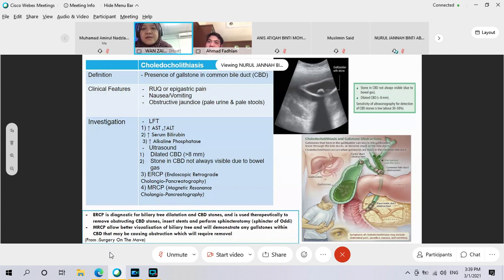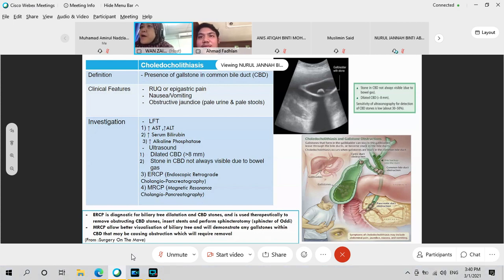Okay, satu lagi dia cakap situ, CBD stone not always visible due to bowel gas. Kenapa? Because ultrasound is ultrasonography, sound waves. Sound waves move very poorly in the gas medium.